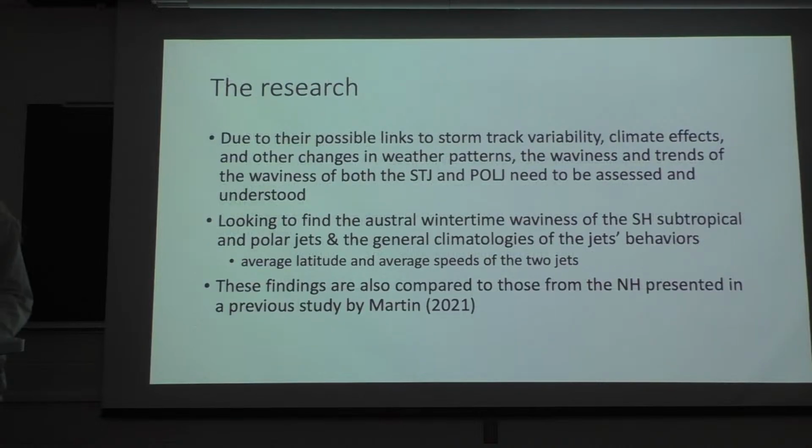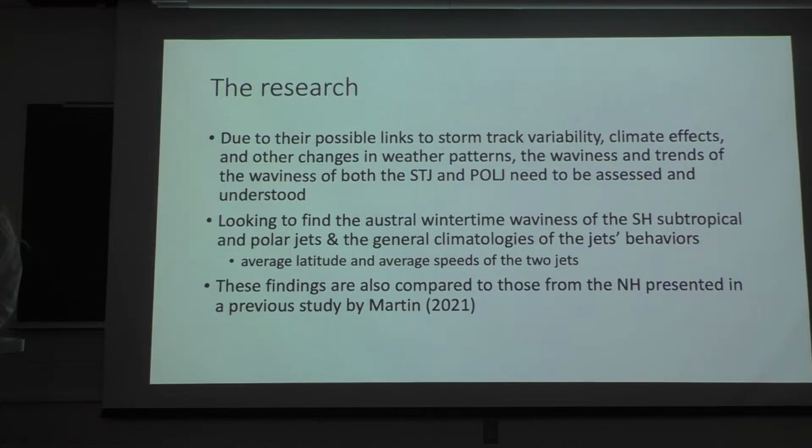So, due to the possible links of storm track variability, climate effects, and other changes in weather patterns, the waviness and trends of the waviness of both the subtropical and polar jet stream need to be assessed and understood, and doing so in a different way than previous studies have done, like the one I just talked about by Gallego.